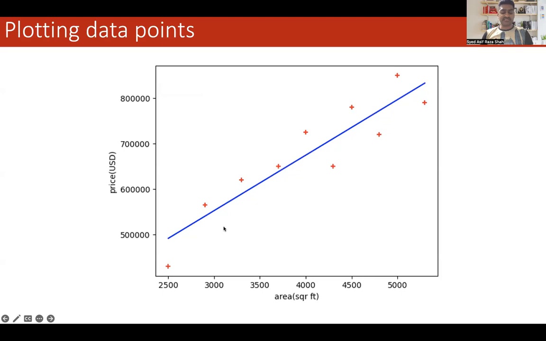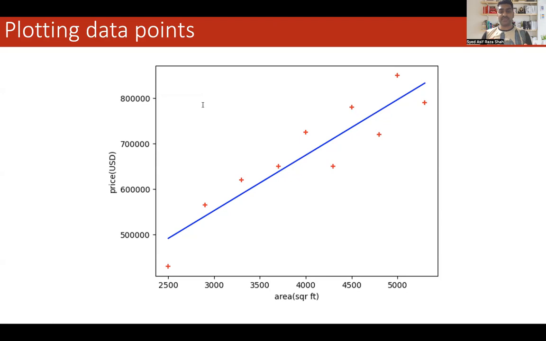Along with that, we have the blue line. We can draw this blue line which best fits the data points. What does it mean? It means we are trying to predict new prices by using this blue line.